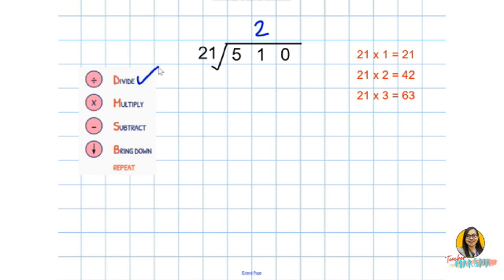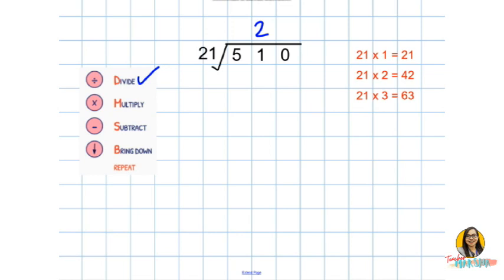Now let's do the next step, which is multiply. 21 times 2 is equal to 42. Now let's do the next step, which is subtract. So 51 minus 42. So 1 minus 2 cannot be done, so we have to borrow from 5.